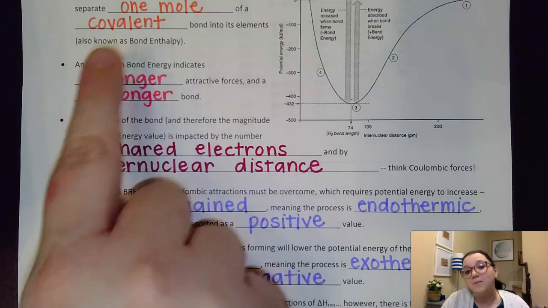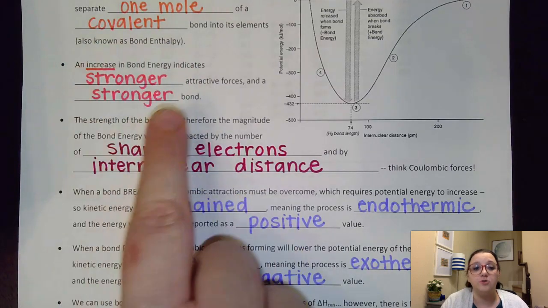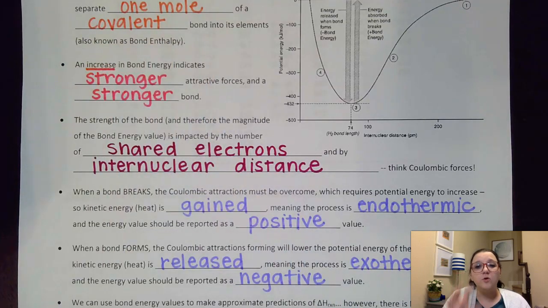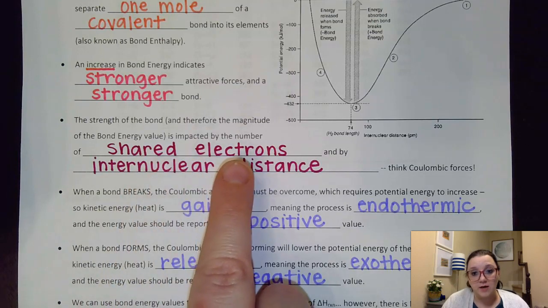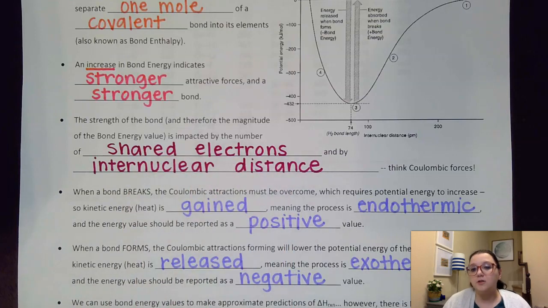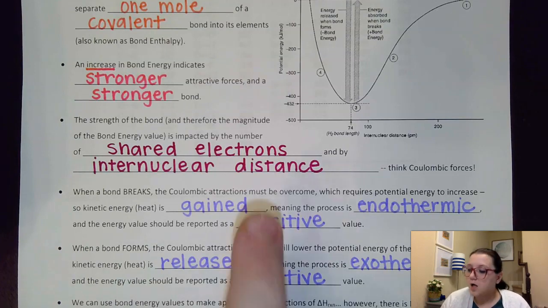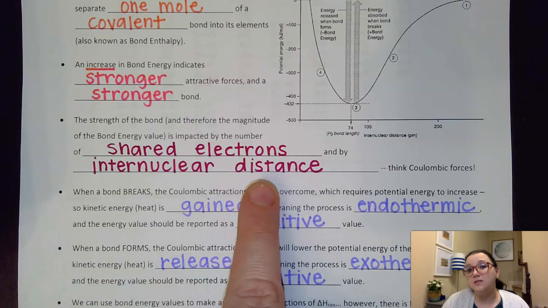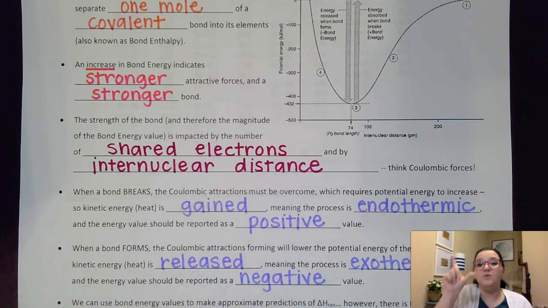When I'm trying to think about having a stronger bond or stronger attractive forces, those forces are going to be impacted by the number of shared electrons and by internuclear distance. On our shared electrons, the more shared electrons I have, the stronger that attraction will be. Also, if the internuclear distance is shorter, so as distance decreases, that too would increase my attractive forces and create a stronger bond.